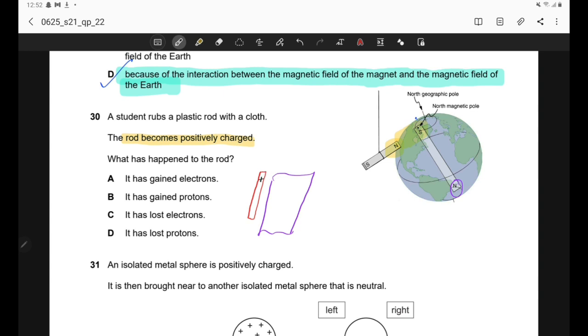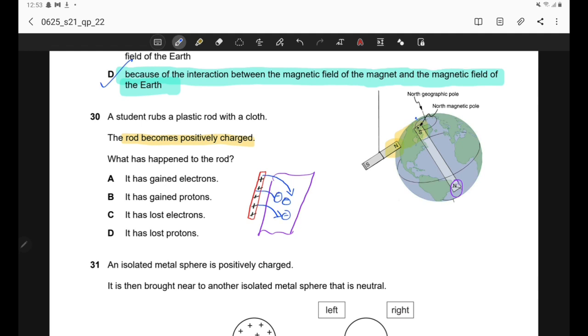That means the rod's charge is positive. So we can think how the rod will become a positively charged object. It's only possible when electrons are lost from the rod. Negatively charged electrons must have moved to the cloth.